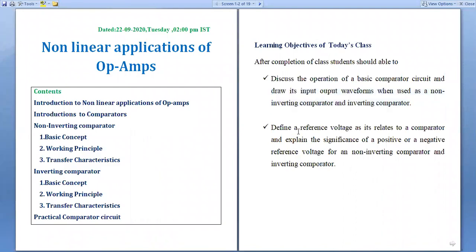We also explained the behavior of the reference voltage, how the reference voltage relates to the comparator, and the behavior of positive and negative reference voltages, and the exact significance of negative and positive reference voltage with respect to non-inverting type and inverting type comparators.